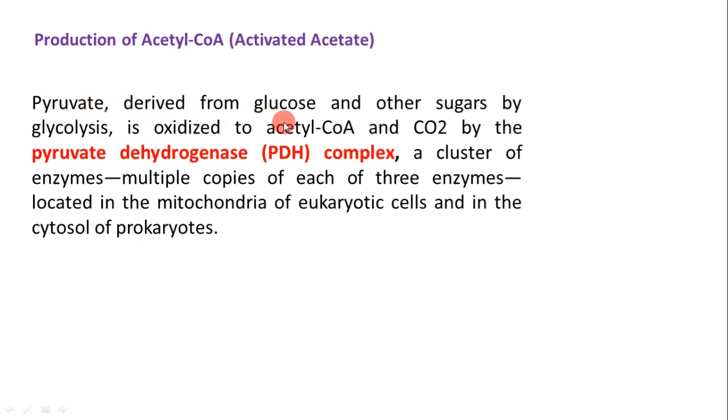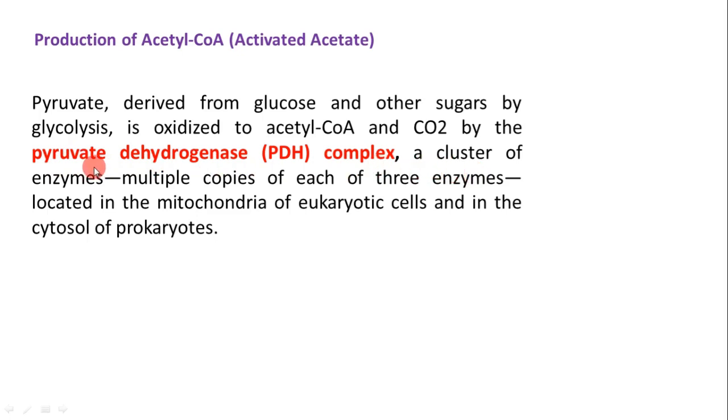The pyruvate derived from glucose and other sugars by glycolysis is oxidized into acetyl coenzyme A and carbon dioxide by the pyruvate dehydrogenase complex. So the enzyme complex catalyzing the formation of acetyl coenzyme A from pyruvic acid is the pyruvate dehydrogenase complex.